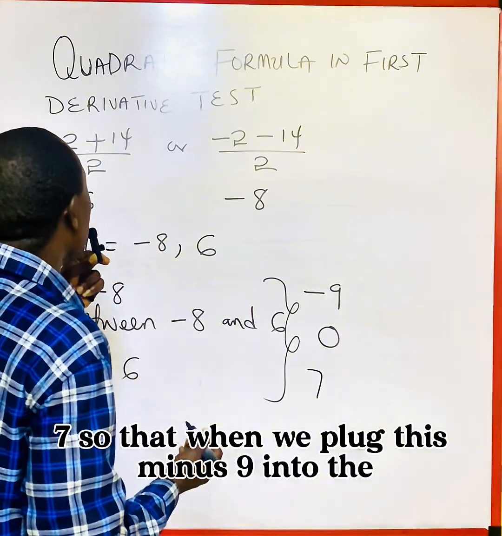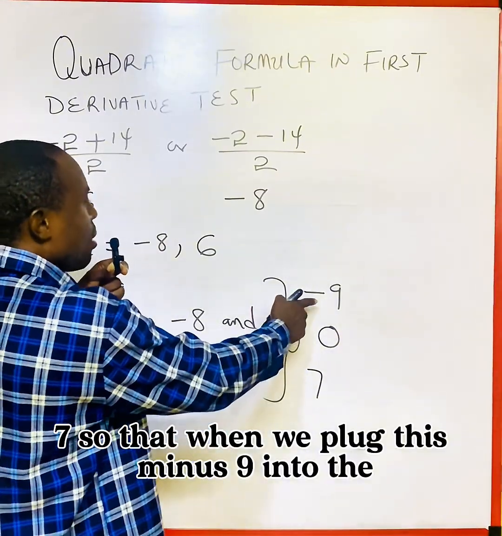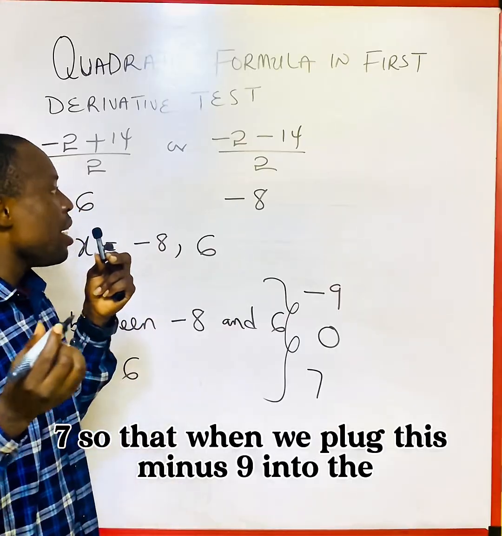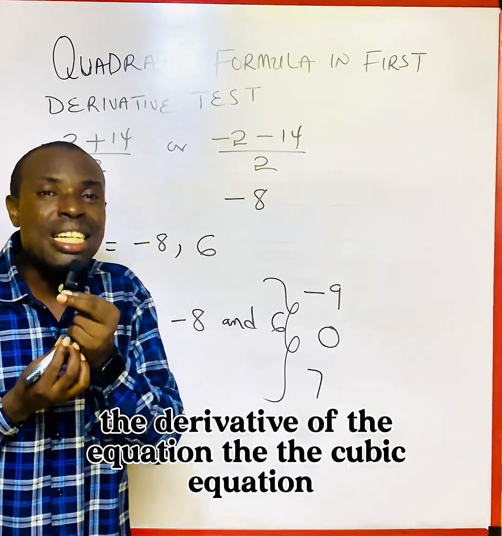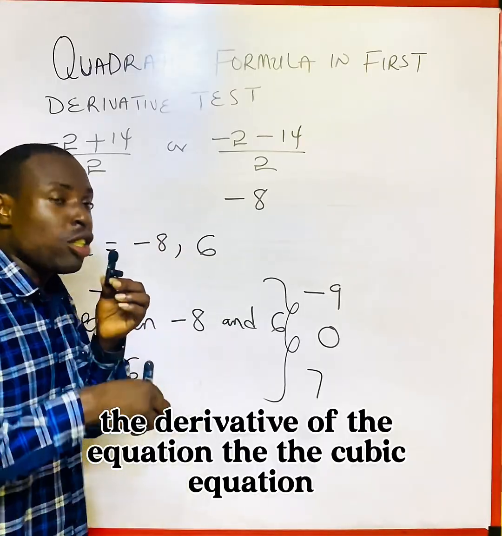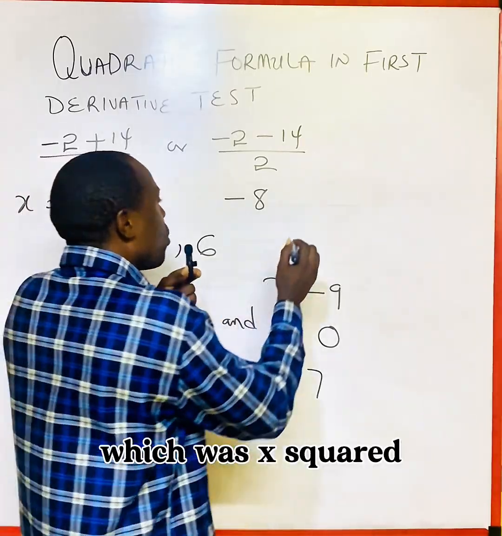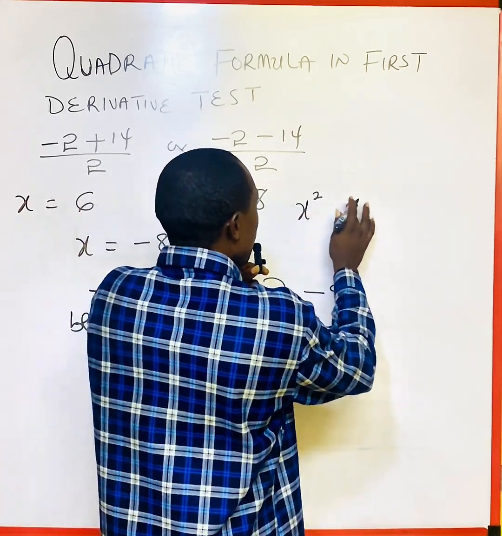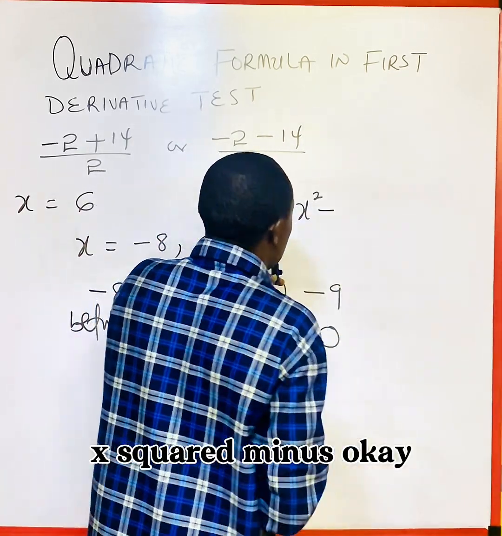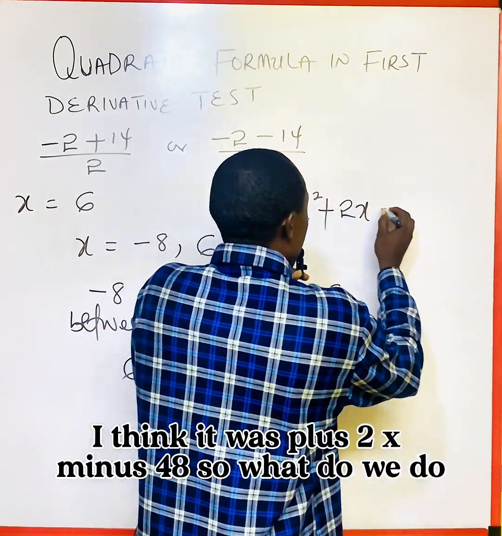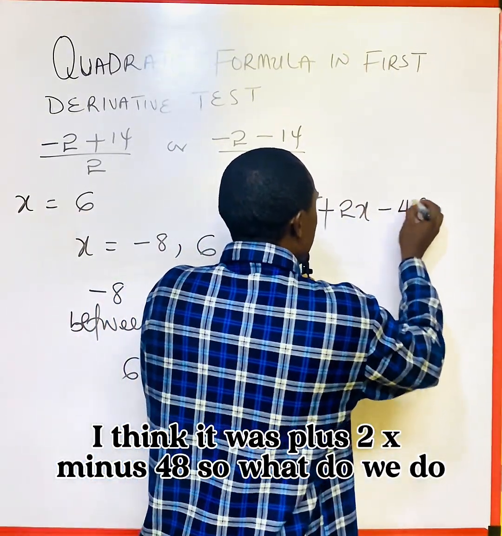So when we plug this negative 9 into the derivative of the cubic equation, which was x squared plus 2x minus 48.